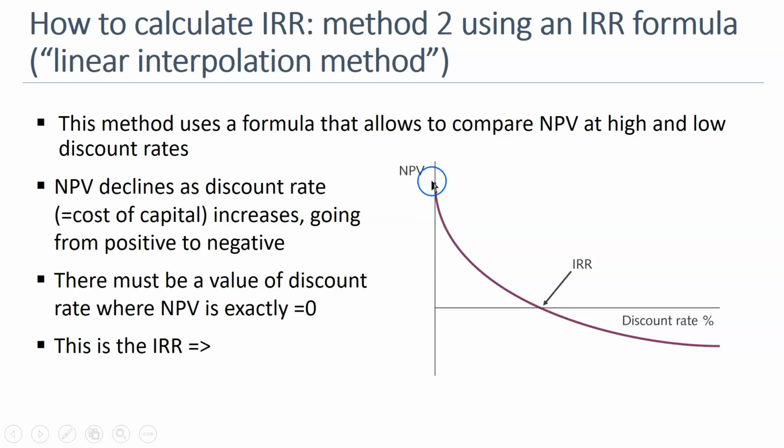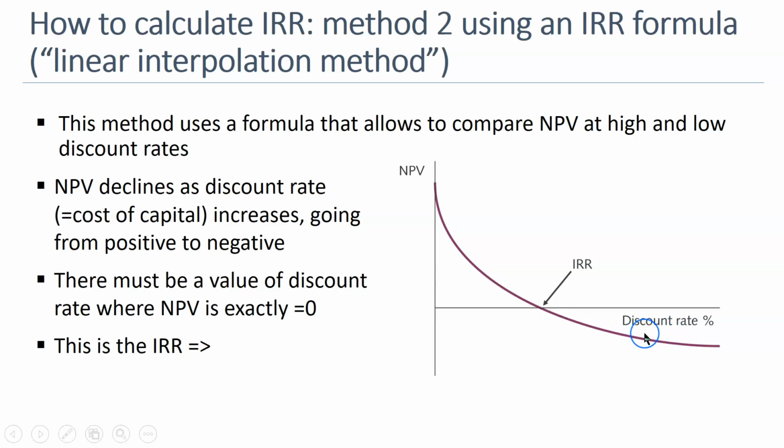It shows that as discount rate increases, net present value declines. The higher the discount rate, the more we discount future cash flows, and as a result, net present value becomes lower. And in reality, if the discount rate is very high, the net present value can become even negative, because future cash flows, if we receive them in a distant future, are discounted so much that they don't bring significant value in present terms.